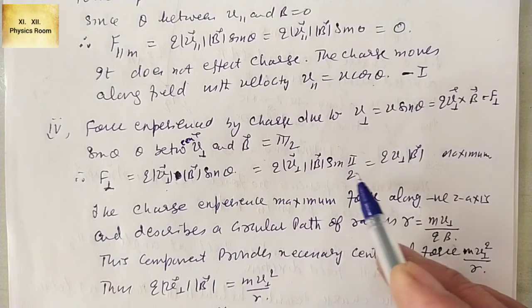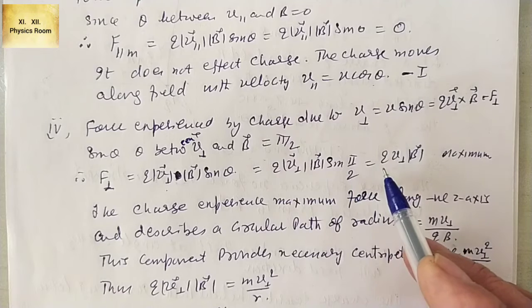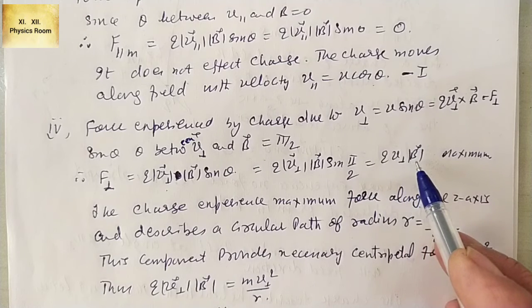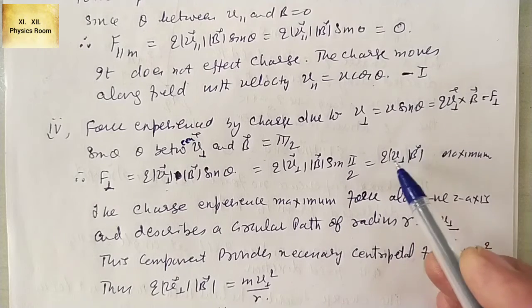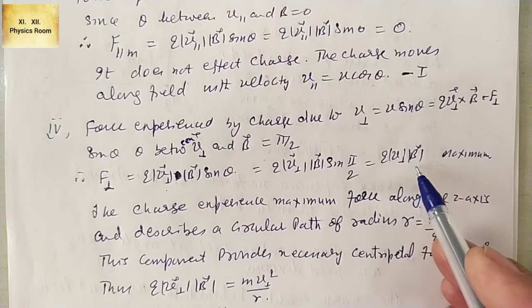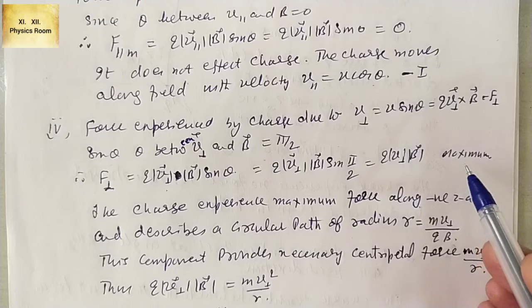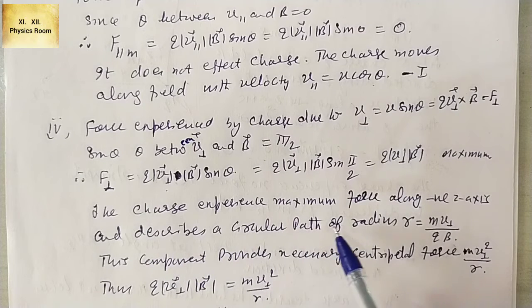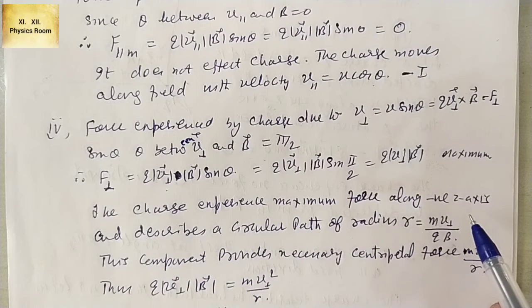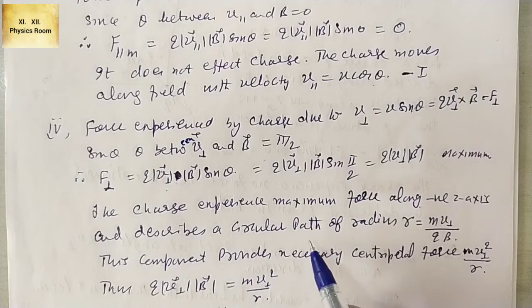Putting theta as pi by 2, we get Q V perpendicular B, the maximum force. The charge will experience maximum force due to the perpendicular component, and describes a circular path of radius r equal to m V perpendicular divided by qB.